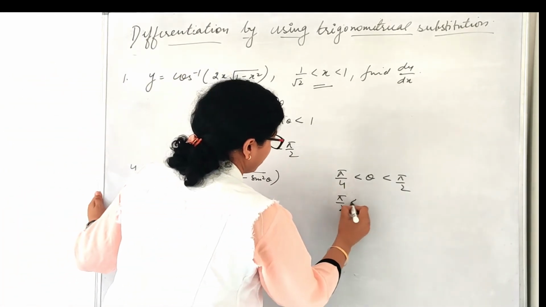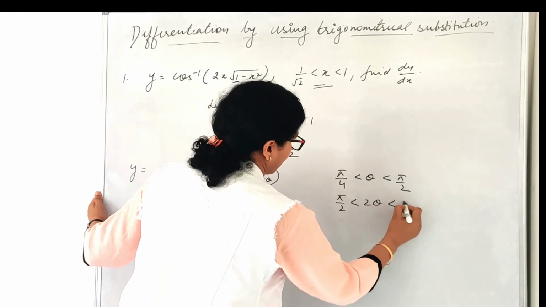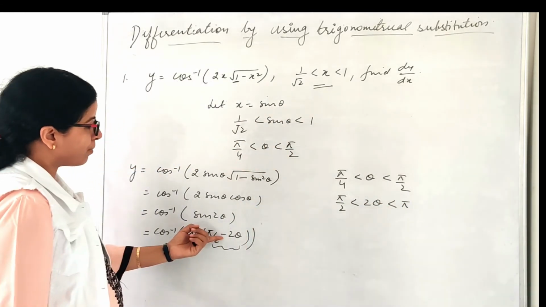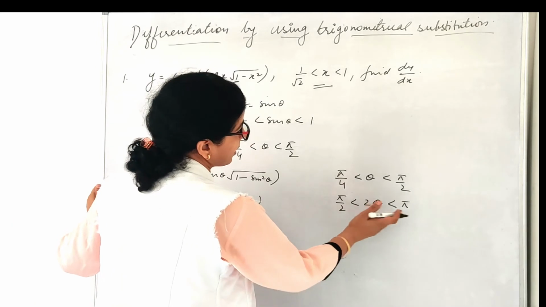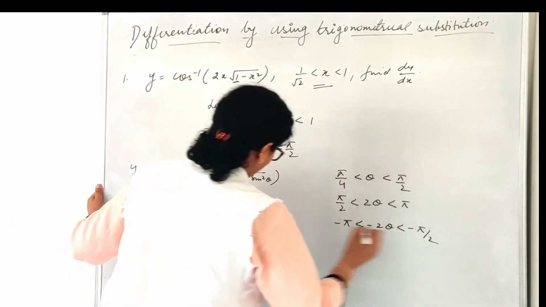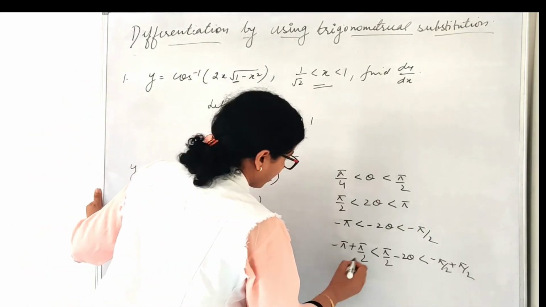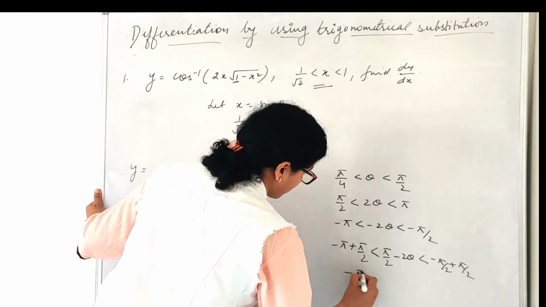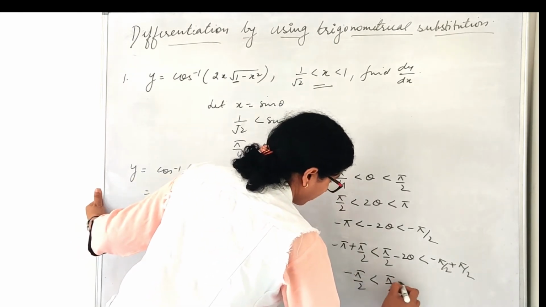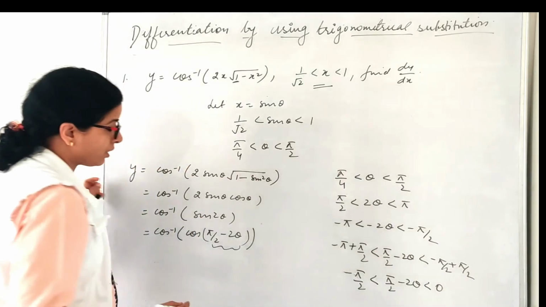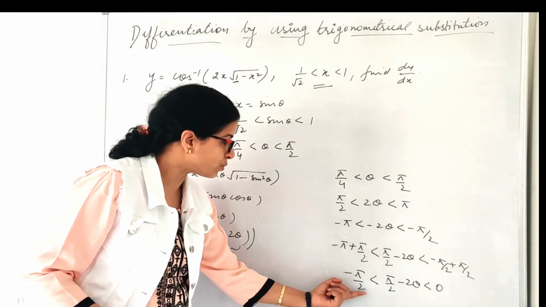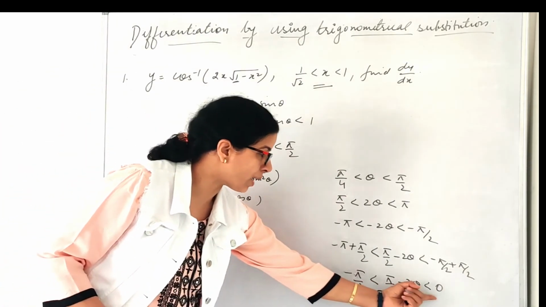So pi by 2 < 2 theta < pi, right? Now since it is minus 2 theta, if we multiply throughout by minus, the inequality will change. Now add pi by 2 throughout. So what I am getting basically here is minus pi by 2 < pi by 2 minus 2 theta < 0. So it means my angle lies between minus pi by 2 and 0.